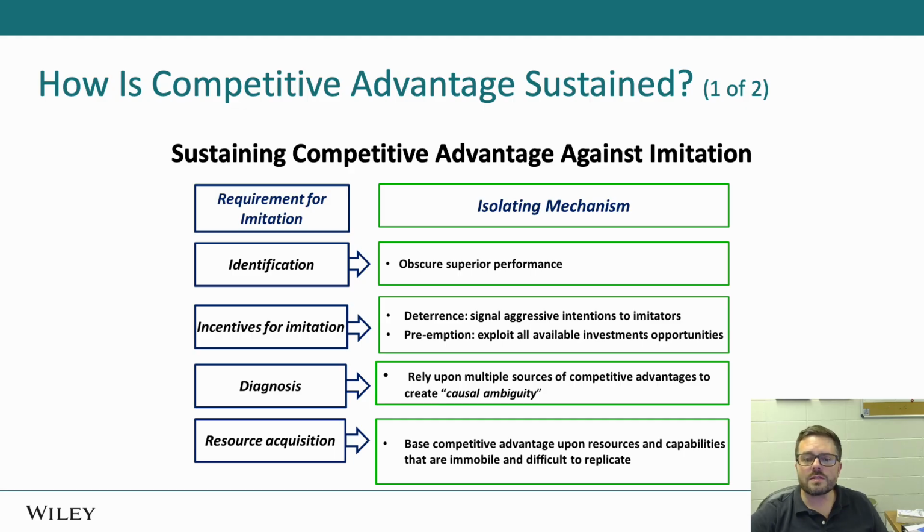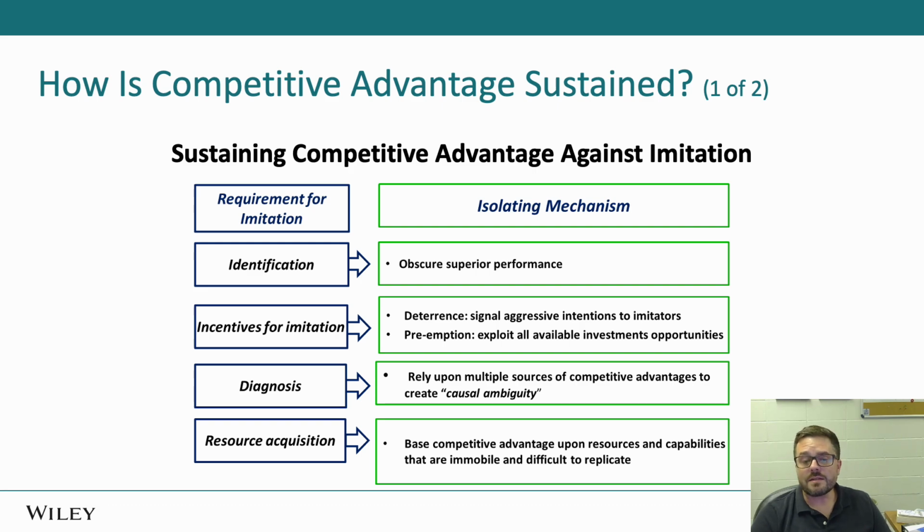So if we want a sustainable competitive advantage, we want to dive a little deeper into what we can do to protect ourselves from imitation. Here we have, what would a company need to do to imitate our competitive advantage? And then on the right, what isolating mechanisms do we have at our disposal, or what methods do we have of preventing that imitation?